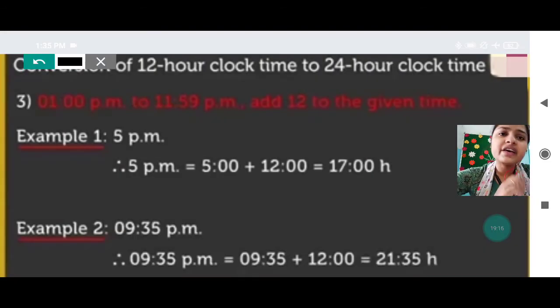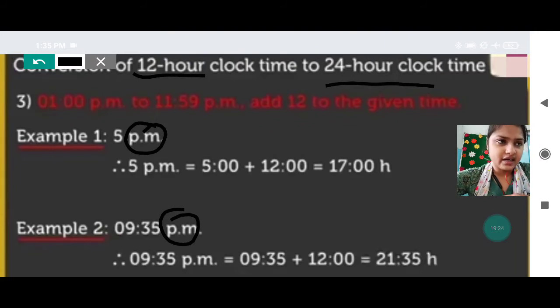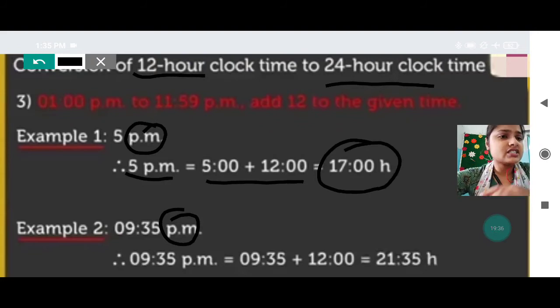In the same way, if you have to convert 12-hour to 24-hour clock timing, and if PM is given, then you have to add 12 in that. When AM is there, you will subtract. When PM is there, you will add. Like if 5 PM is there, you will add 12 in that. You will get 17 hours.